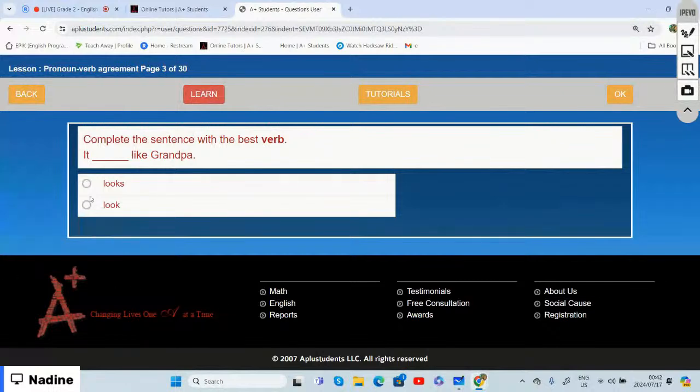It refers to one thing. It, one thing. Do we say it looks like grandpa, or do we say it look like grandpa?